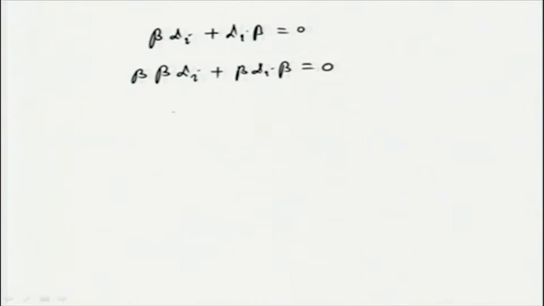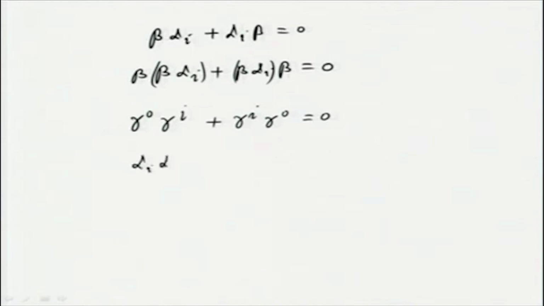So, that is beta is gamma 0, beta alpha i is gamma i, plus gamma i beta alpha i. Let me club them together in this fashion, gamma i gamma 0 equal to 0. So, this is one thing. So, gamma 0 and gamma i for any i anti-commute.